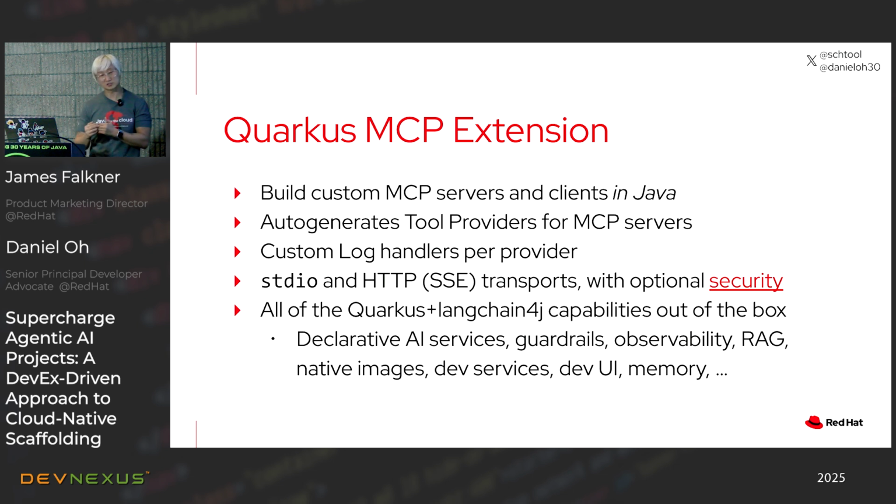Basically, you can build a custom MCP server and client with a Java application, and it automatically generates the tool for the MCP server using a sub process. So James is going to show a quick demo for that. You're going to add some command line, like npm, node package manager, and just a configuration in your application properties or YAML file. It automatically starts using that command line, adding a sub process on your local machine to serve the MCP server.